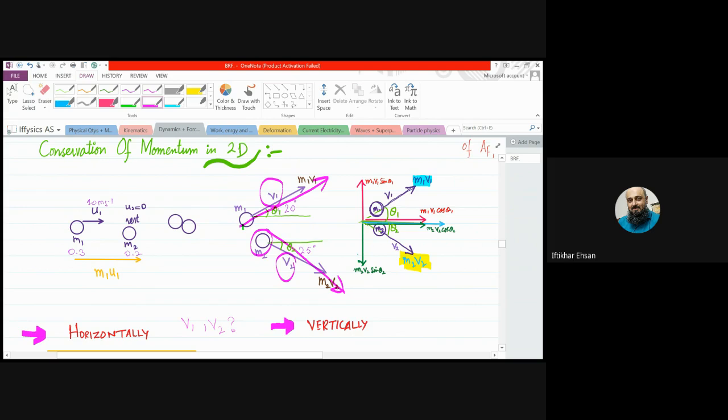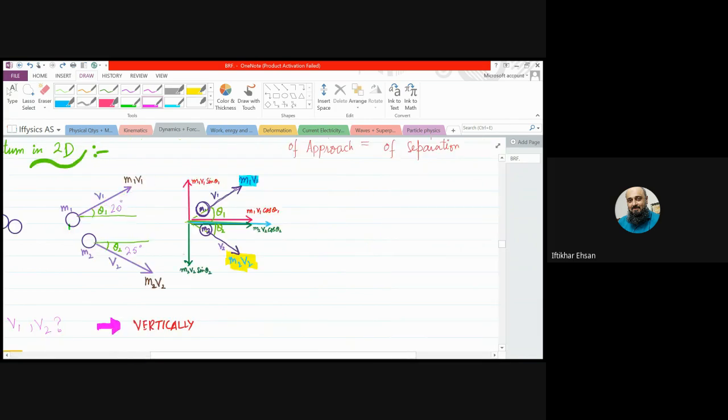The m1 goes with velocity v1 making an angle of theta 1, and m2 goes downward with an angle of theta 2. So for m1 we are keeping its velocity to be v1 and angle to be theta 1. For m2 the velocity is v2 and the angle is named theta 2. Right?